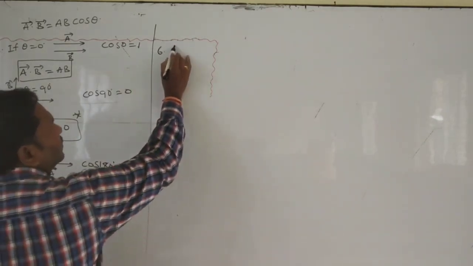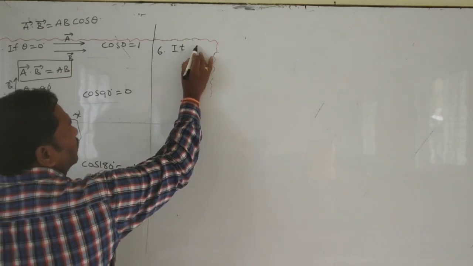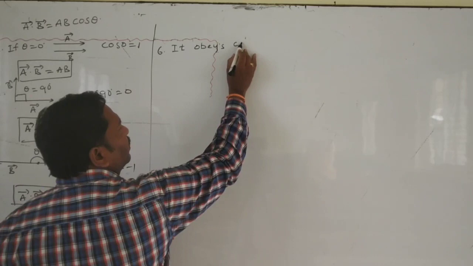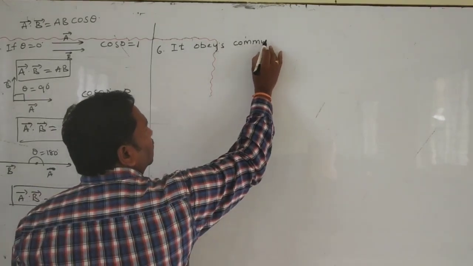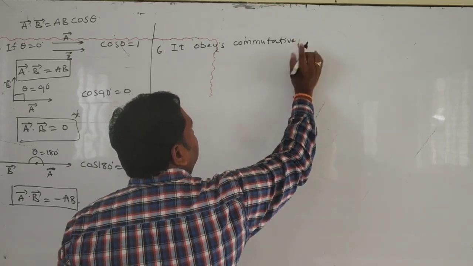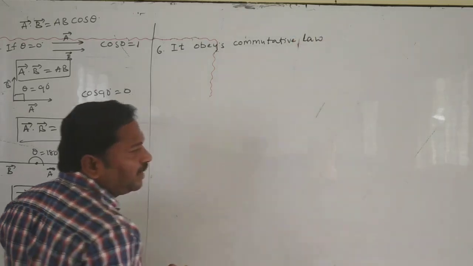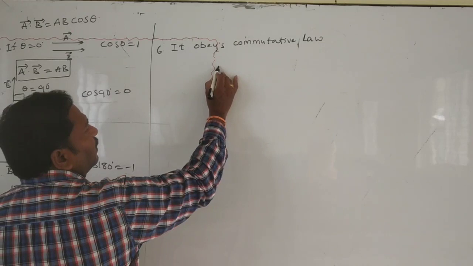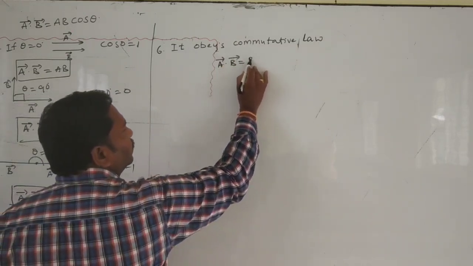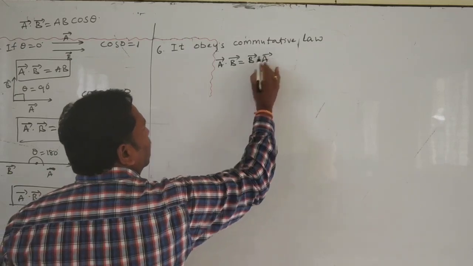Next, sixth property. The scalar product obeys the commutative law. So what is the commutative law? a bar dot b bar is equal to b bar dot a bar.